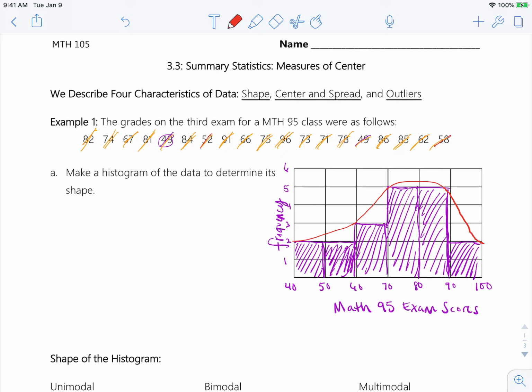And so this has a certain shape to it, all right? And it's going to give us a lot of information. So just looking at a histogram, I should be able to tell where the median is, where the mode is, and all these things that we're going to talk about in this section.